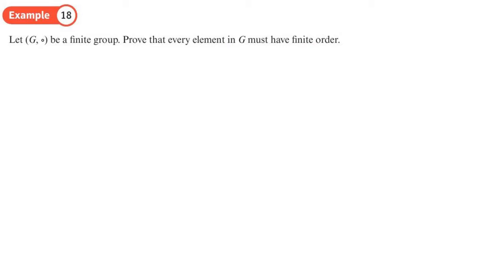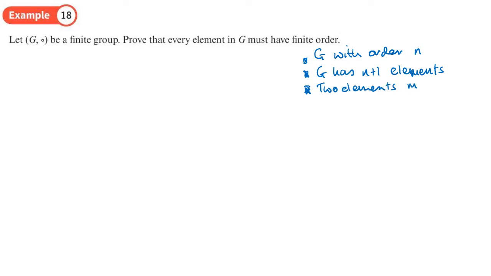Now, the way we're going to prove this is we're basically going to say that we've got a group with order n, and we're going to say that this group G has n plus 1 elements, and we're going to go on to prove that actually 2 of the elements must be the same, which means that all of the elements in that group must have a finite order.